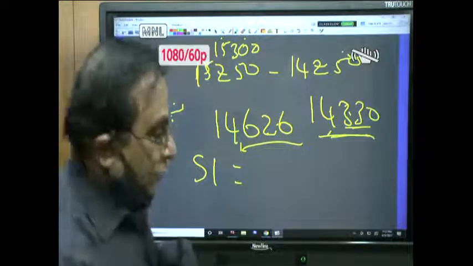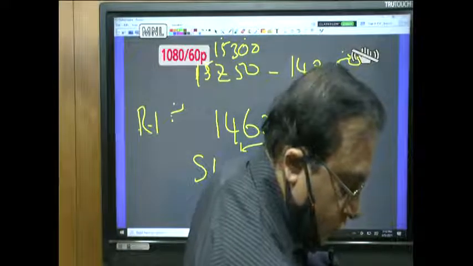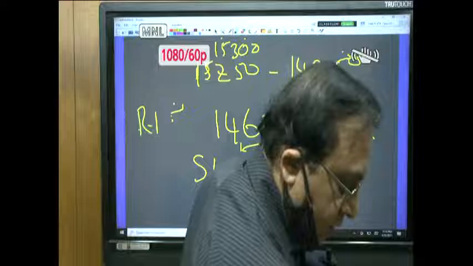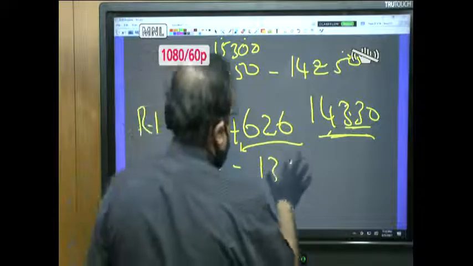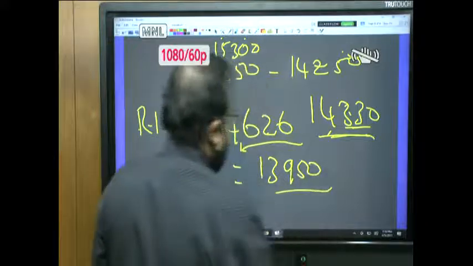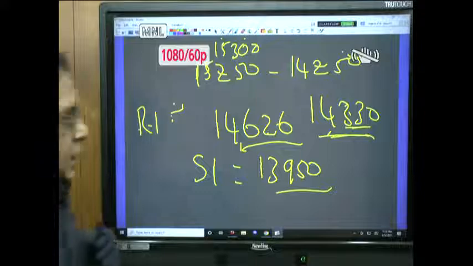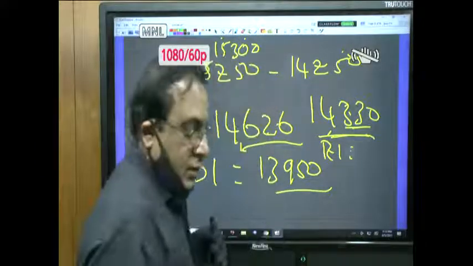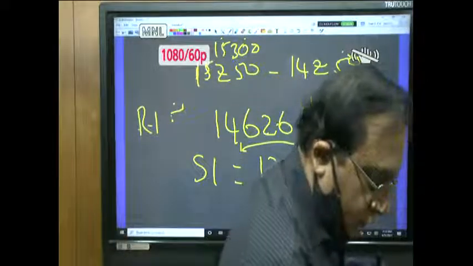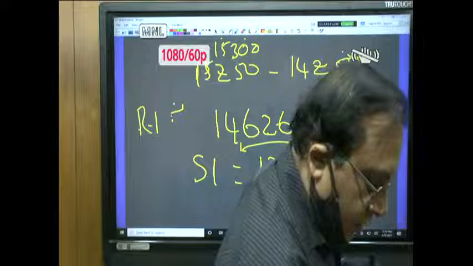So S1 comes to be 14,626 into 2 minus 15,300, right? That comes to 13,952, so about 13,950. And R1 is going to be 14,626 into 2 minus 14,250.